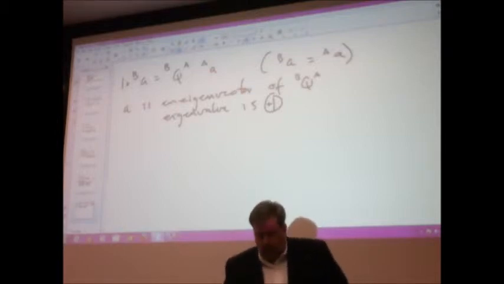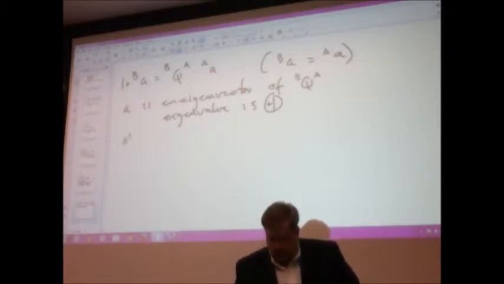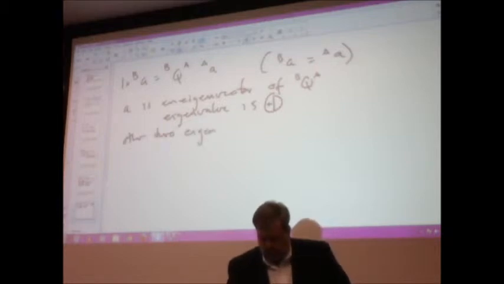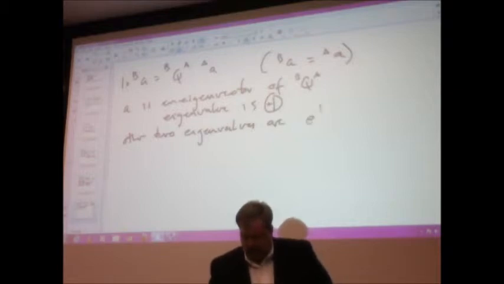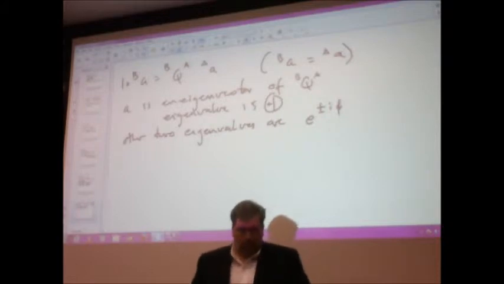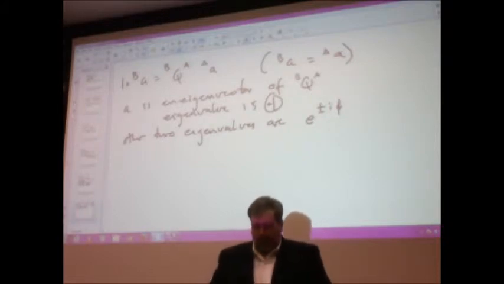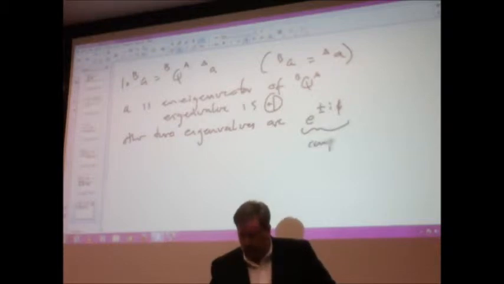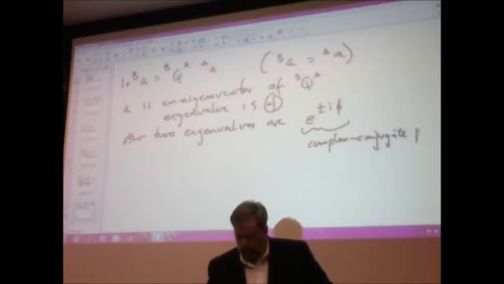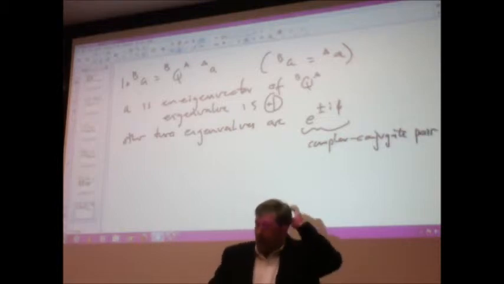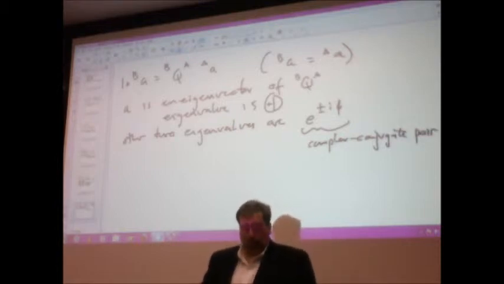The other 2 eigenvalues, by the way, are e to the plus or minus i phi, where i is the square root of -1, the imaginary number. It's a so-called complex conjugate pair. Which is why we only have real numbers in the direction cosine matrix.